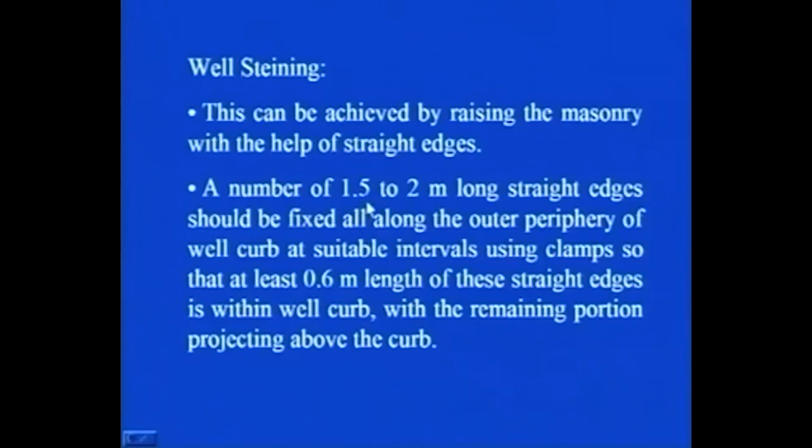A number of 1.2 to 2 meter long straight edges should be fixed all along the outer periphery of the well curb at suitable intervals using clamps, so that at least 0.6 meter length of these straight edges is within the well curb, with the remaining portion projecting above the well curb.